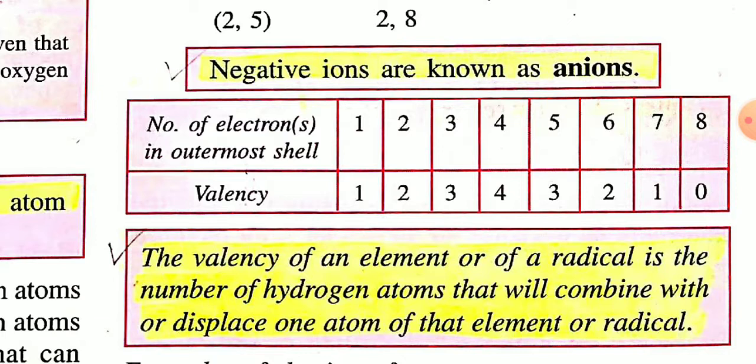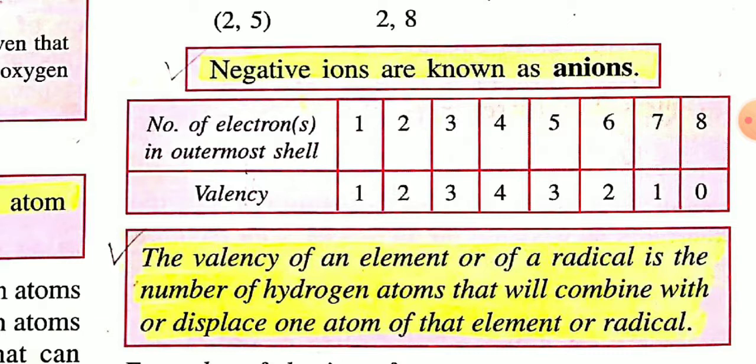So if 1, 2, 3 or 4 electrons are present in the valence shell, in the outermost shell of an atom, then valency will be 1, 2, 3 or 4 respectively. And if 5 electrons are there, then valency will be 8 minus 5, that is 3.